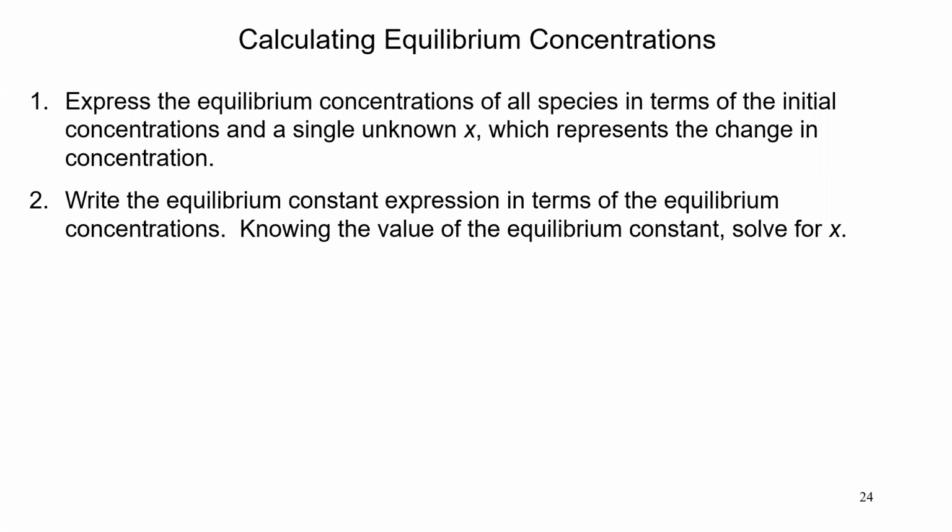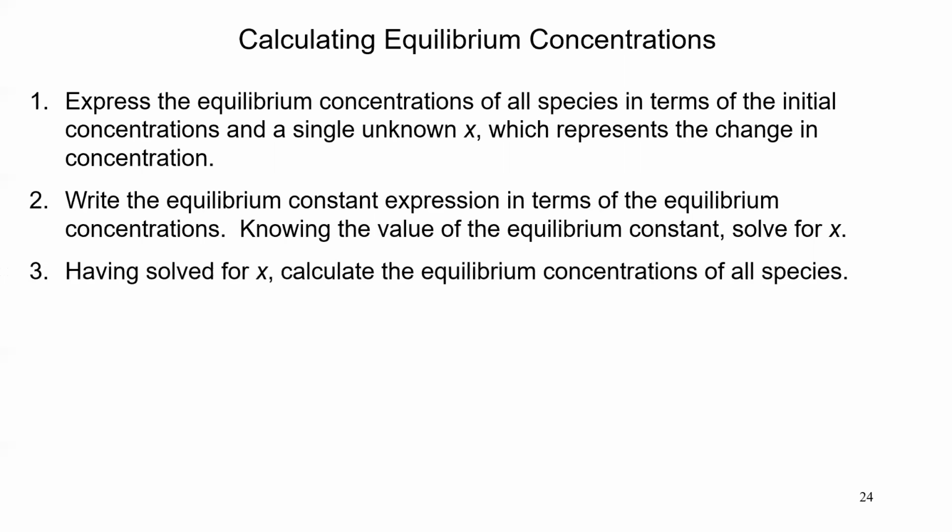If we know the equilibrium concentrations, we can solve for the equilibrium constant. If we know the equilibrium constant, we can solve for concentrations. We can't do both, right? If we don't know the concentrations and we don't know the equilibrium constant, we're kind of out of luck, okay? So we plug everything into our Kc expression, and then we solve for our unknown. And once we have our unknown, we'll calculate the concentration of all species.